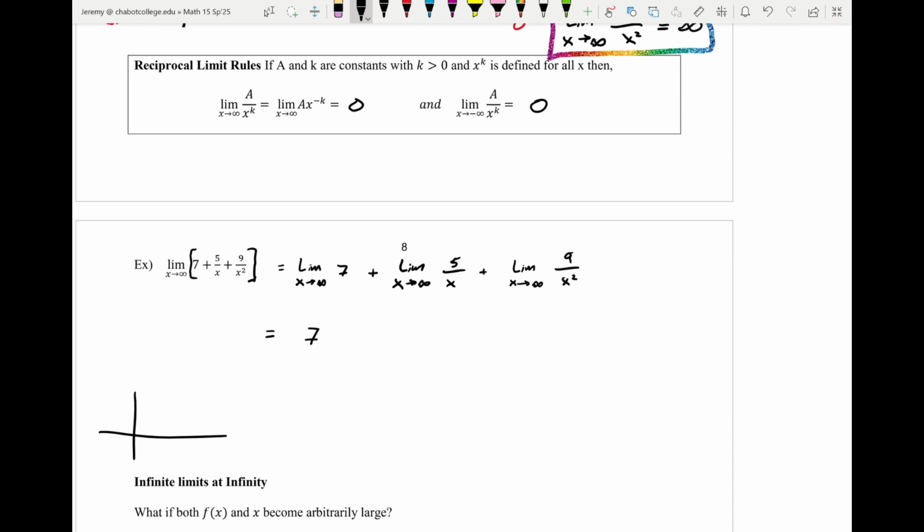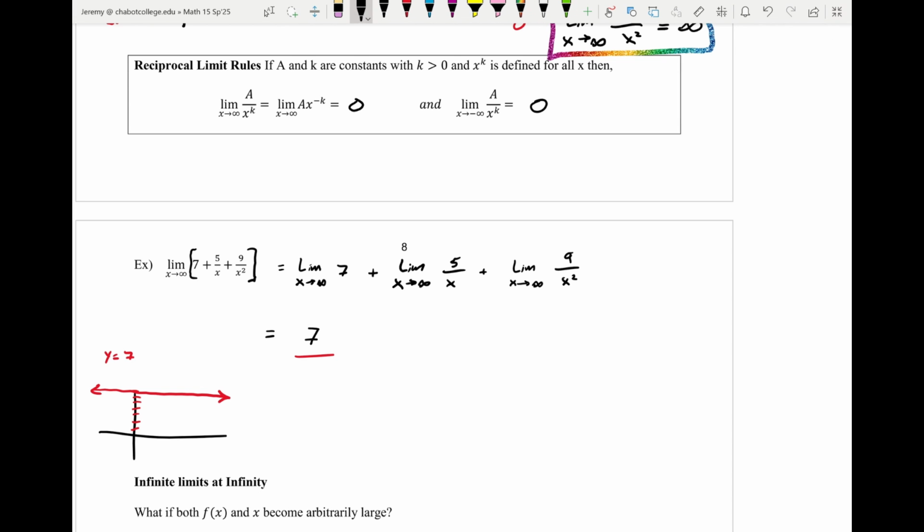Graphically, if we're looking at the function y equals 7, this is just a horizontal line. It just outputs 7 no matter what. So as x goes to positive infinity, what is this graph going to output? It's just going to output 7. That's all that it does. Okay, so that's why we got 7 there.